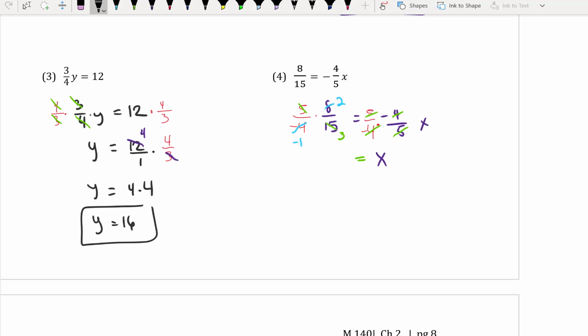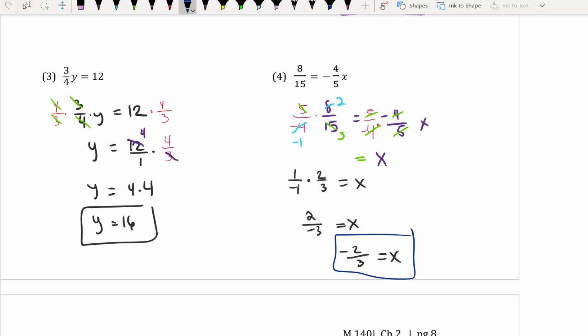So now what you have is 1 over negative 1 times 2 over 3 is equal to my x. So I have 2 over negative 3 is equal to x, which is the same as saying negative 2 over 3 is equal to x. And so that is how I'm going to get my final answer.